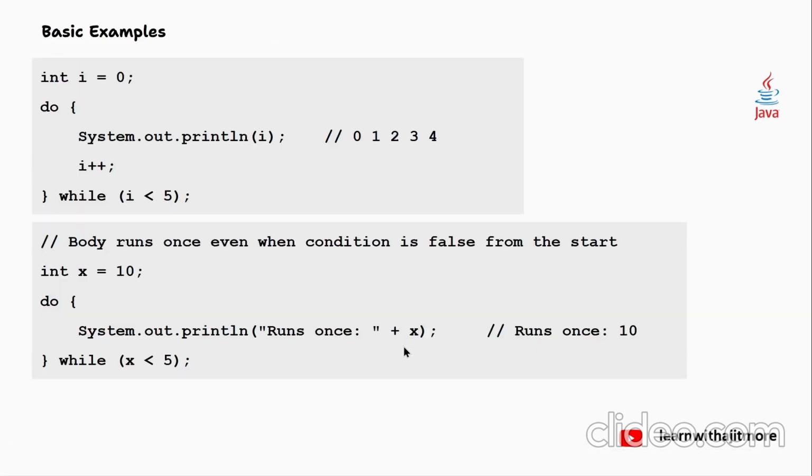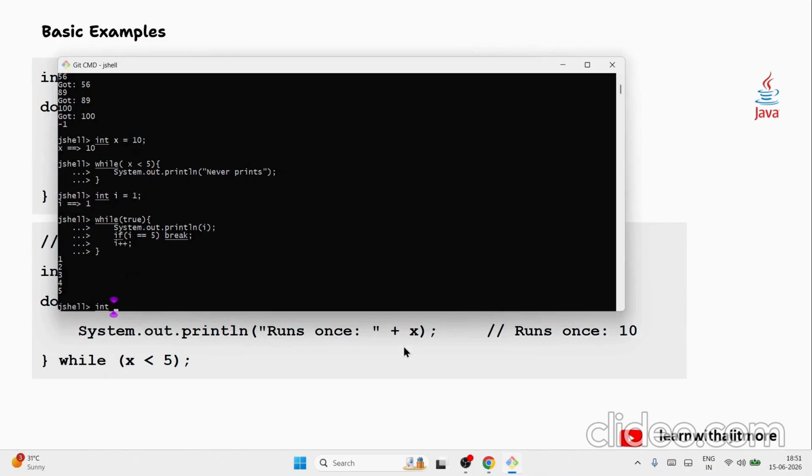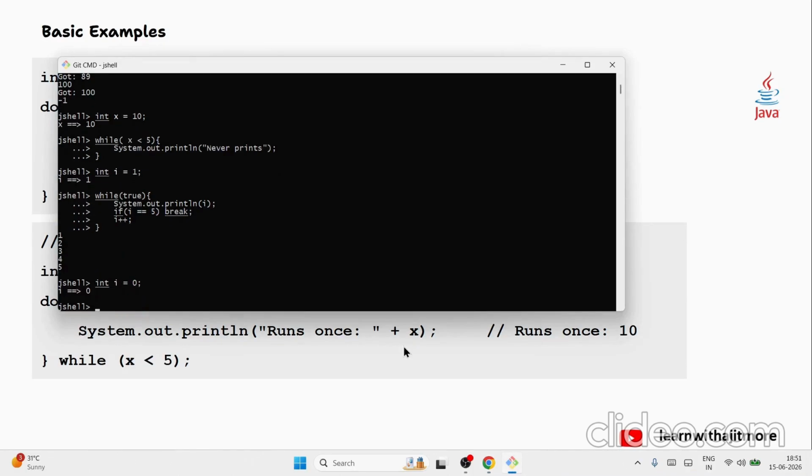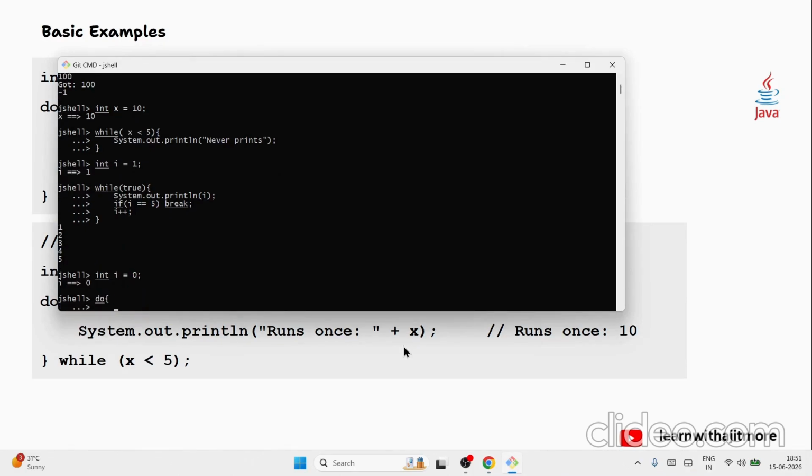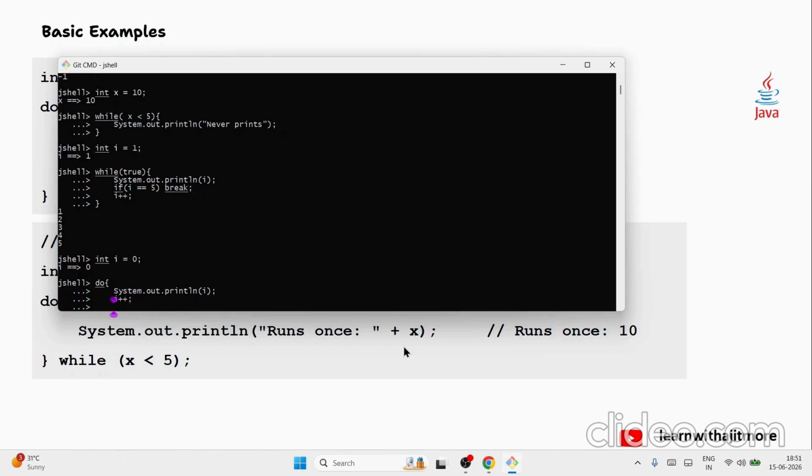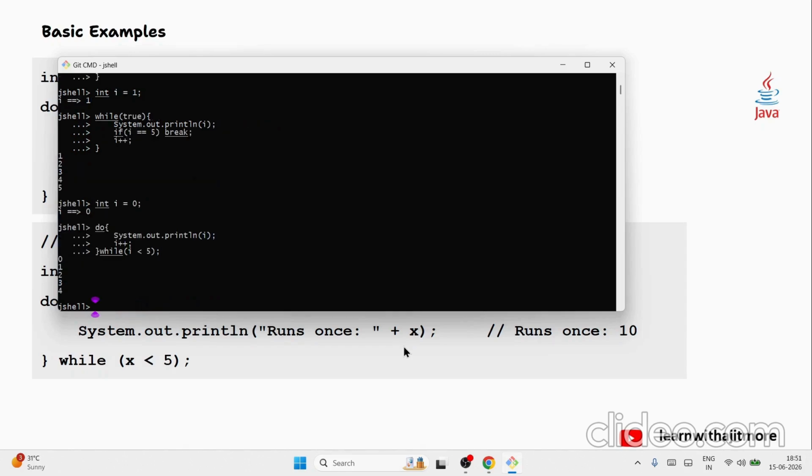I'll show you one example. Now, one simple example, the standard one, which we did using a while loop. System.out.println(i); i++. The same thing we did using while loop, with i less than 5, enter.